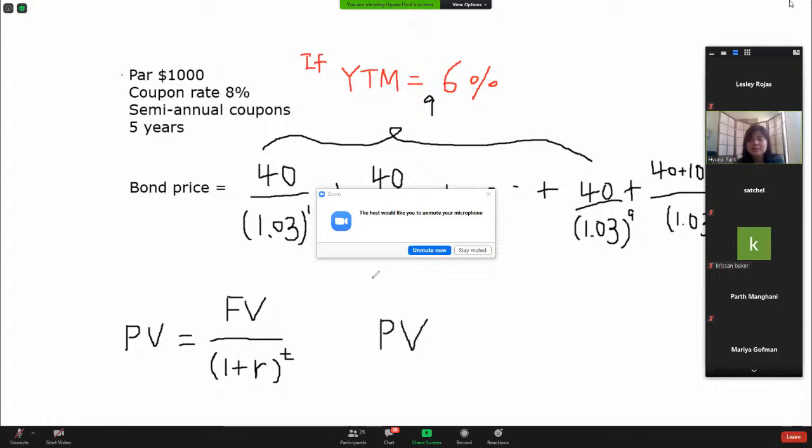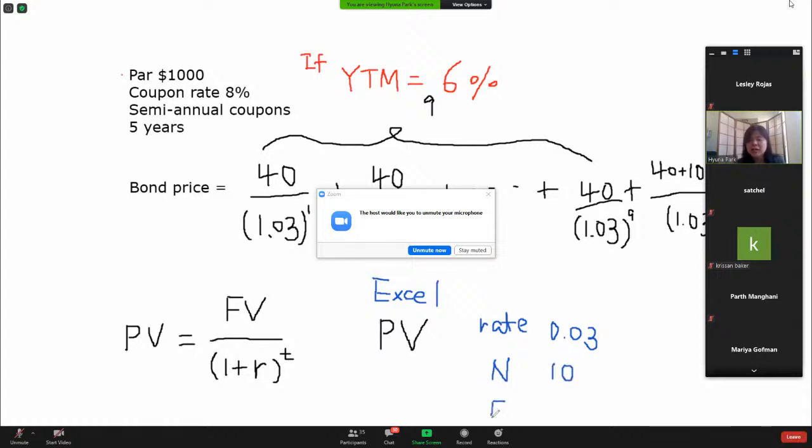Use Excel, and Excel's present value function. And then enter the rate, 3%. And how many periods? 10.